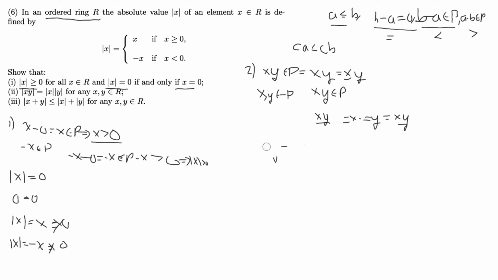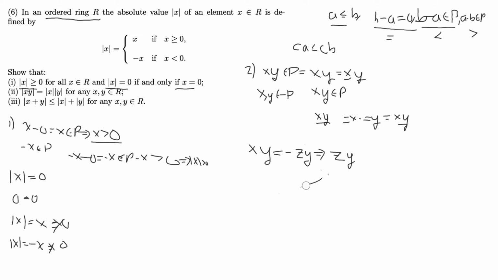So if we let x be the negative of some positive number z, then xy is equal to negative zy, implying that the absolute value of xy is zy. And then we'll see that the absolute value of x is going to equal z, and the absolute value of y is equal to y. So we get z times y is equal to zy, which is true. And we're done. Finally, let's proceed with the last statement, which is regarding a kind of version of the triangle inequality.